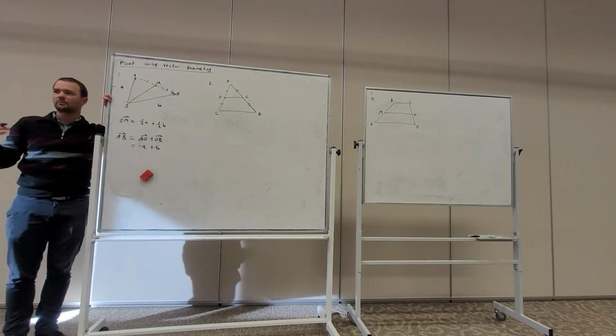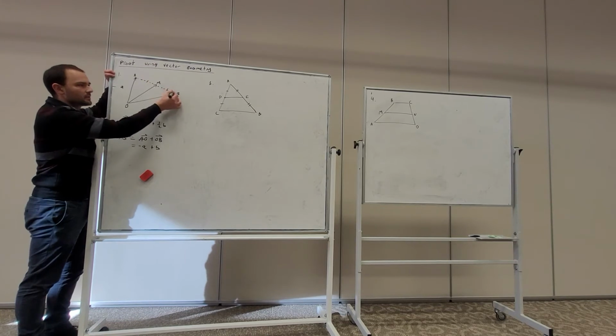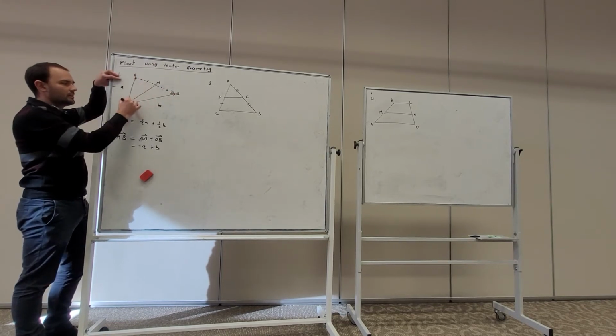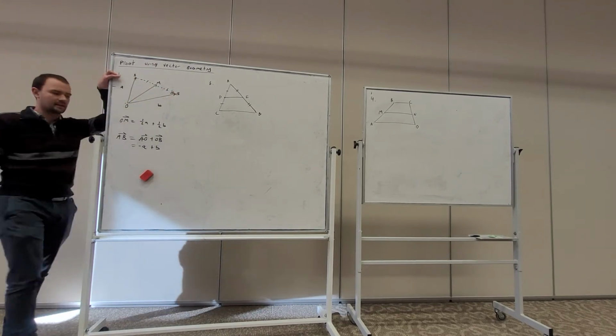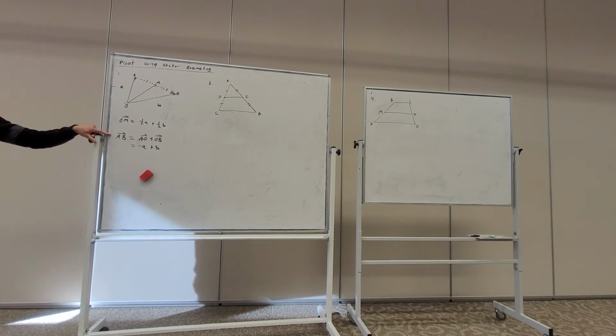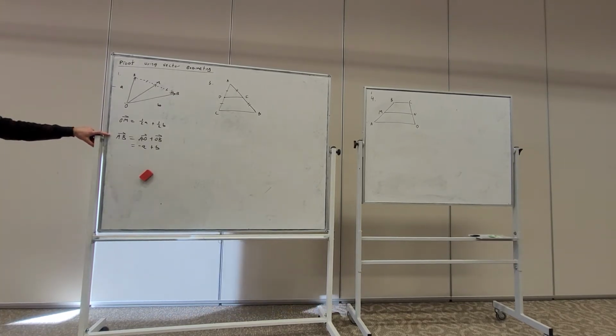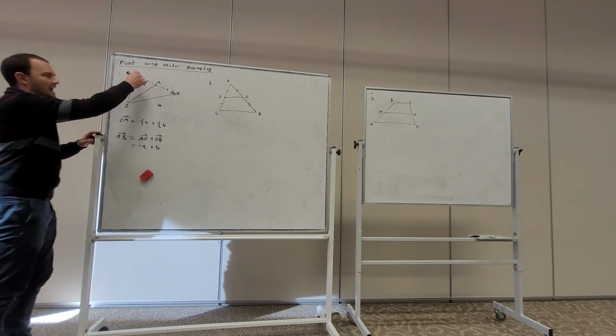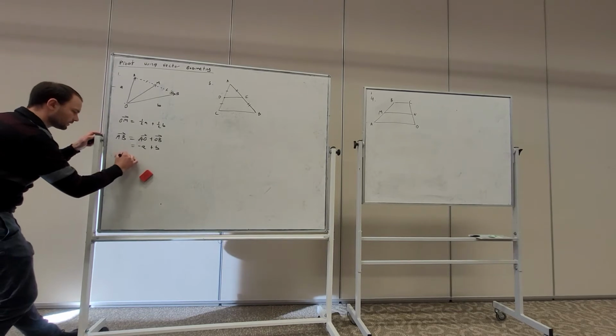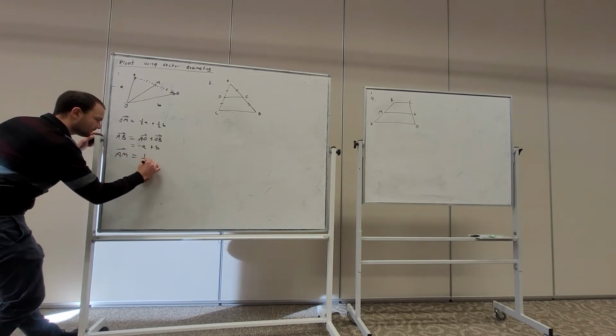All right, remember it's directional. We want to go from here to this point, so we're going here and then here. We're connecting the heads and tails. So that's vector AB. Then we know M is the midpoint of AB. Okay, and what that means is that AM equals half AB.